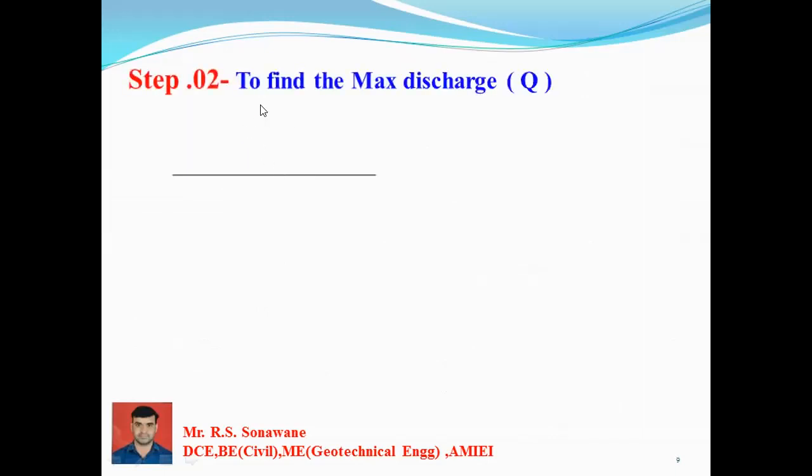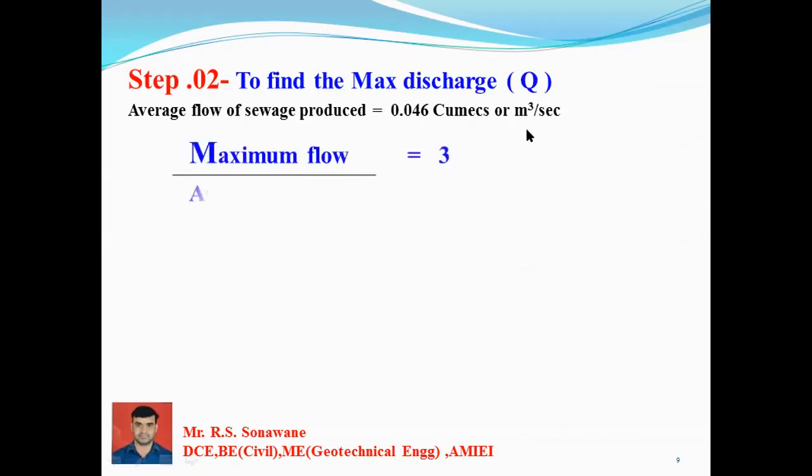Step number second, we have to find the maximum discharge. For finding maximum discharge, the average flow of sewage produced is 0.046 cumec or meter cube per second.